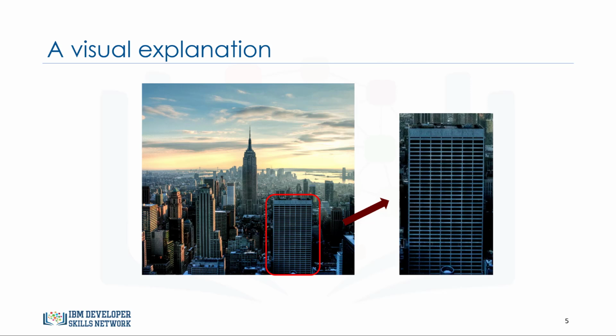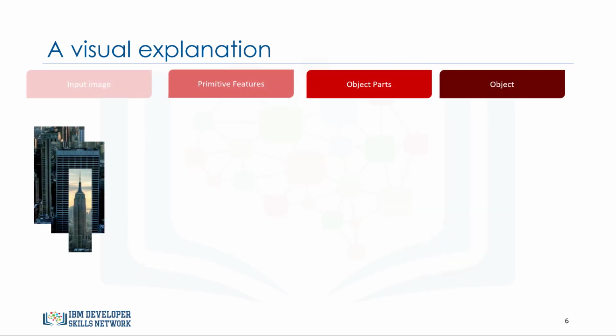Let's consider the building in the lower right-hand corner of this image. How can a trained CNN learn and recognize that it's an image of a building, rather than some of the other elements that are situated in the photograph, such as a person or even those clouds in the sky? Well, in the training phase, CNNs would receive many building images as input.